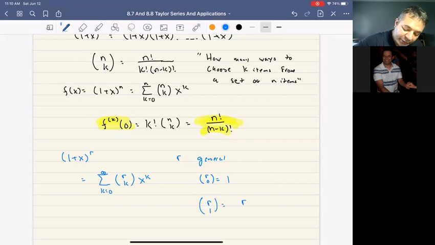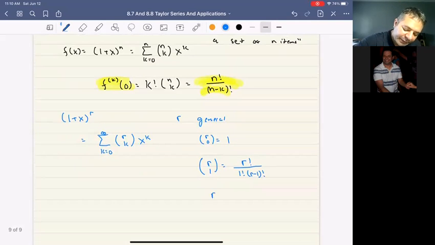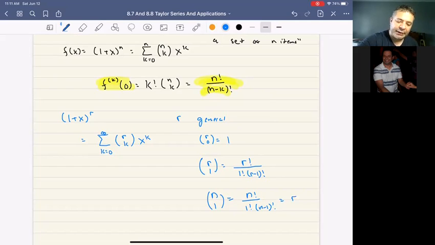That's going to be r factorial, which does not have a meaning yet, over 1 factorial times r minus 1 factorial. Still, none of that really has a meaning, but n choose 1, n factorial over 1 factorial times n minus 1 factorial, that's actually just going to equal n. So we're going to give this an equality of r. So r choose 1 is r.